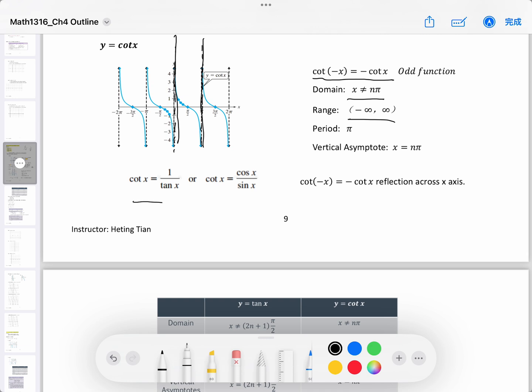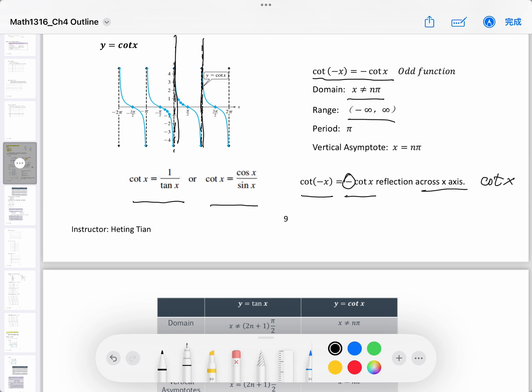Cotangent is equal to 1 over tangent. Cotangent also equals cosine x over sine x. And cotangent of negative x is equal to negative cotangent x. It is the reflection across the x-axis of cotangent x, yes, because in front we have a negative sign.